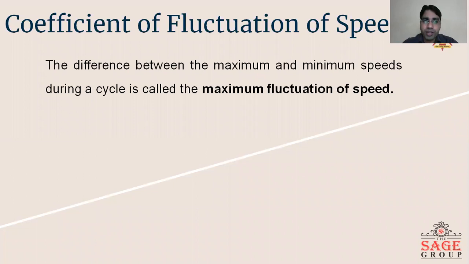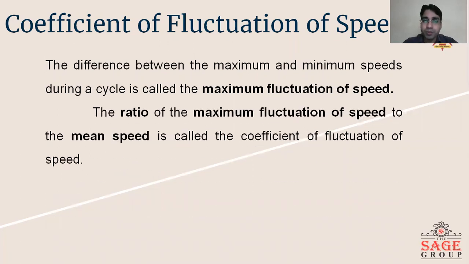Now the second term is the coefficient of fluctuation of speed. The difference between the maximum and minimum speed during the cycle is called the maximum fluctuation of speed. The ratio of maximum fluctuation of speed to the mean speed is called the coefficient of fluctuation of speed.